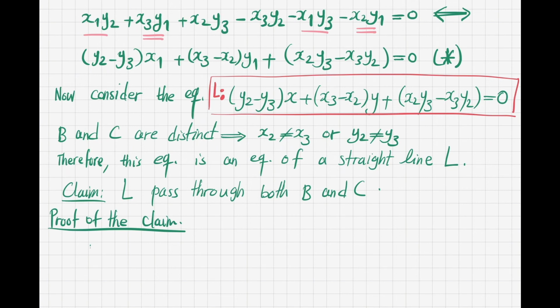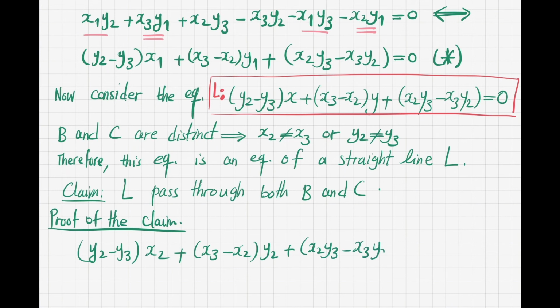So I would write (y2 minus y3) multiplied by x2, and then I will replace the y in the equation with the y coordinate of point B, which is y2, and then I will have x2 y3 minus x3 y2, and I want to check whether this is equal to 0.